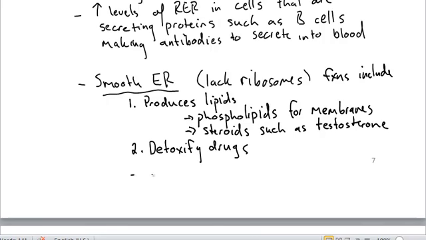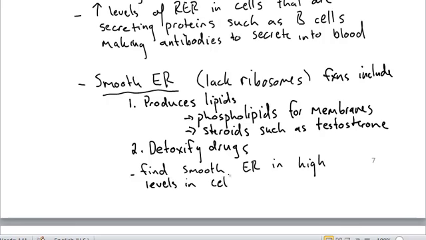So for these guys, you find smooth ER in high levels in cells secreting hormones, because remember, hormones such as testosterone really are just steroids, which are really just lipids.